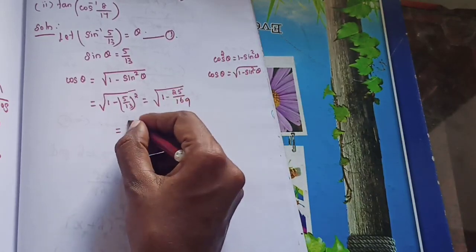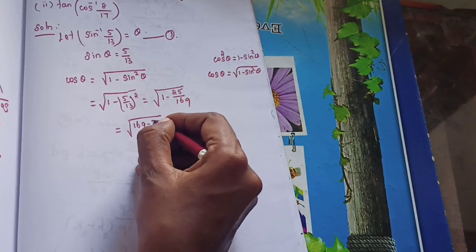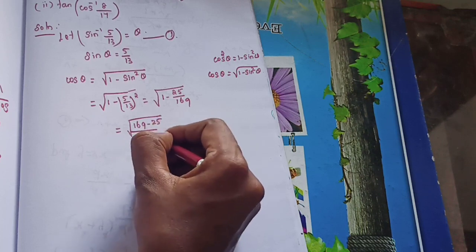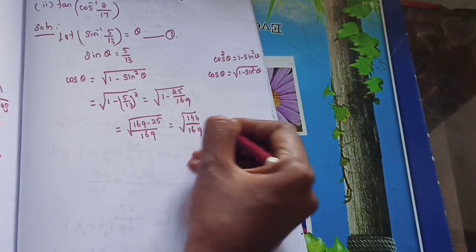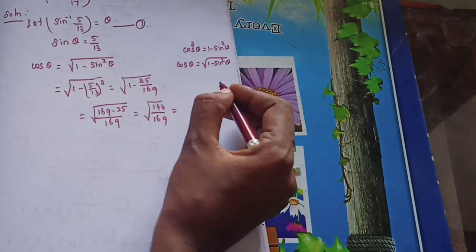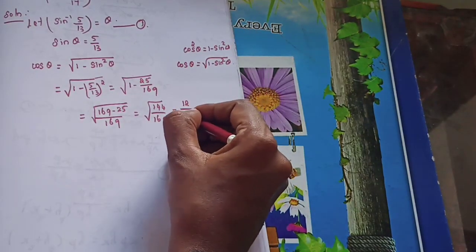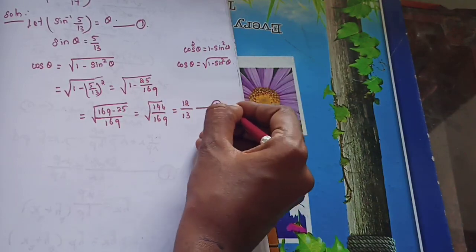Simplify: square root of 169 minus 25 by 169 equal to square root of 144 by 169. Taking outside the square root, you get 12 by 13. So this is equation number 2.